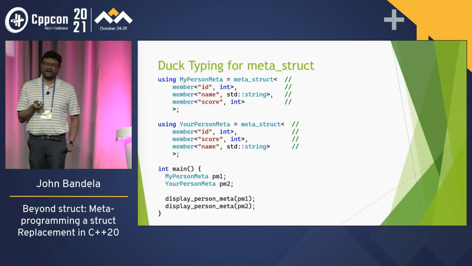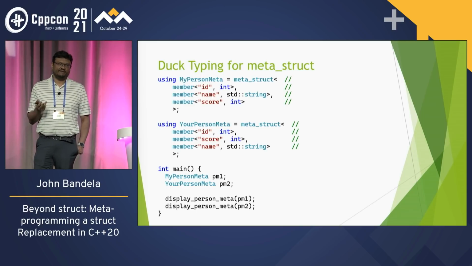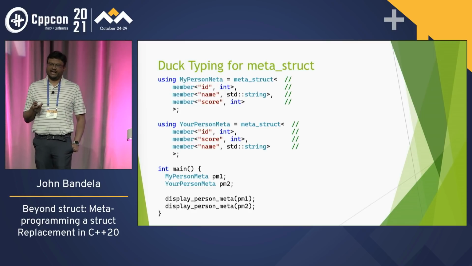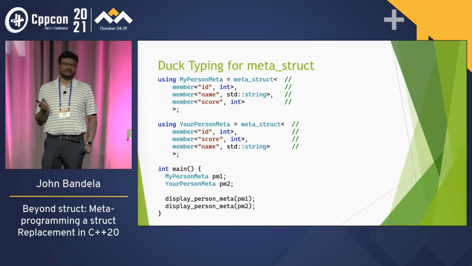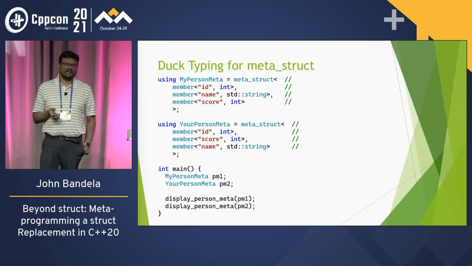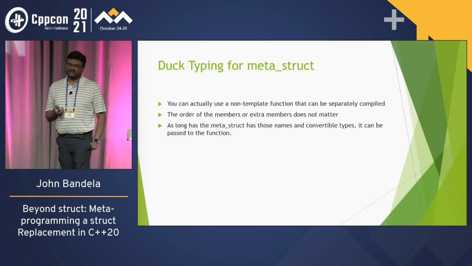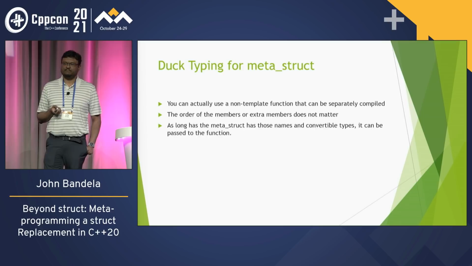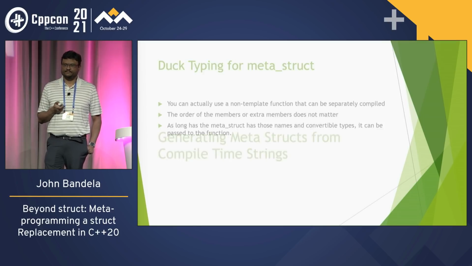Like different order, my person meta, your person meta, you may even have extra fields, but as long as you have ID, name, and score, where ID is an int, score is an int, and name is a string, I can pass either one of them to your function. It's kind of like type erasure for structs. And the efficiency is just accessing the references, as std tie would do. So you can use a non-template that can be separately compiled. The order of the members and extra members doesn't matter. As long as the struct has the names and the convertible types, it can be passed to the function.